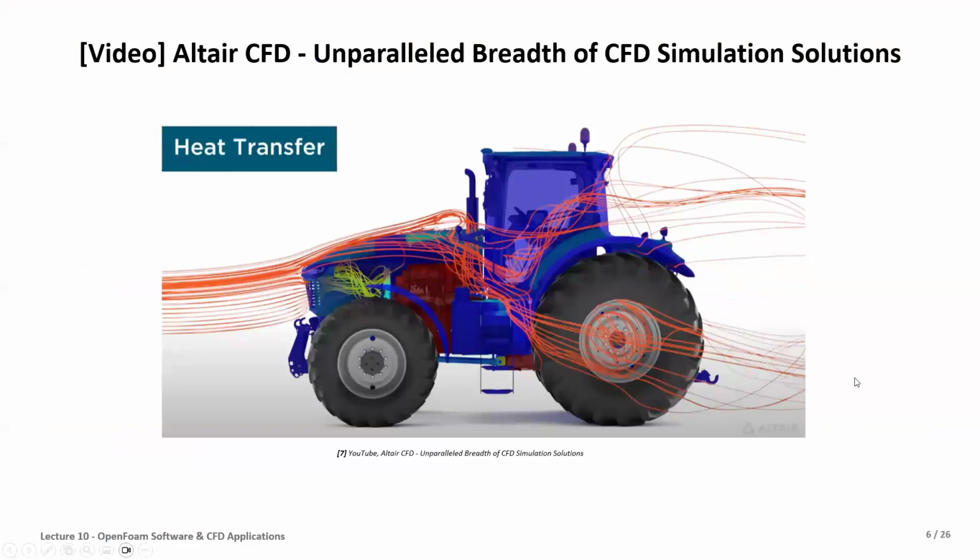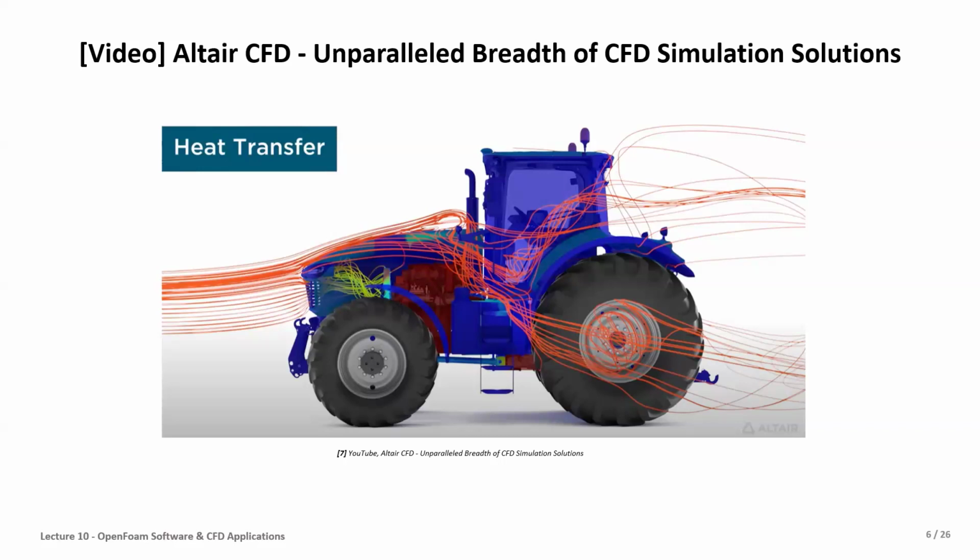So here our part 2 of lecture 10 is finished, and you know much more about the OpenFOAM software and parallel application for the CFD. At the end of the lecture, there is a video. I suggest you watch it.